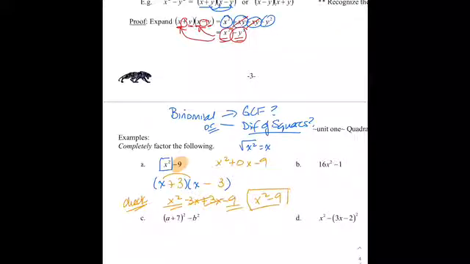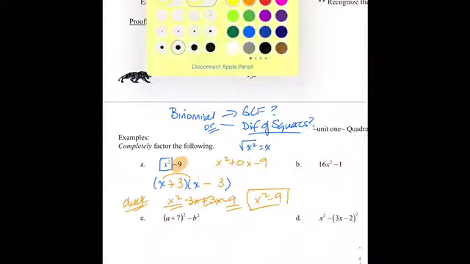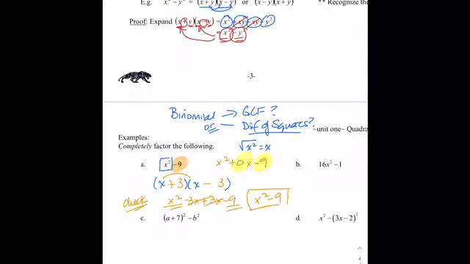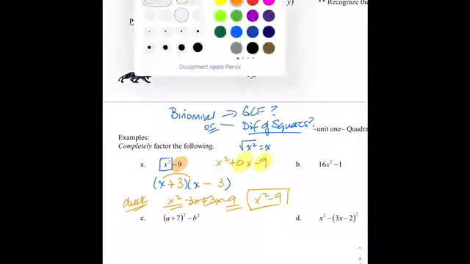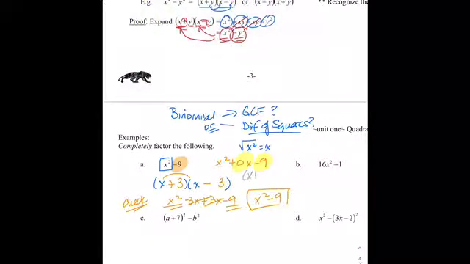We can think of it back to that form, and then ask, what are the factors of negative 9 that add up to 0? And it's plus and minus 3, right? x plus 3, x minus 3.